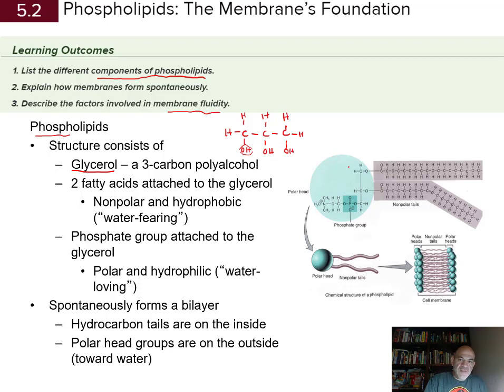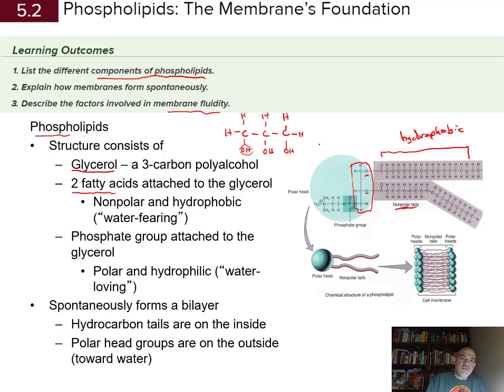So in this diagram here, this is where your glycerol is, okay? And so there's the oxygen for one of the OHs and the other one. And so you're going to have 2 fatty acid tails attached. And the fatty acid part, this part right here, is nonpolar. And so that nonpolar means that it's going to be hydrophobic, water-fearing, okay?